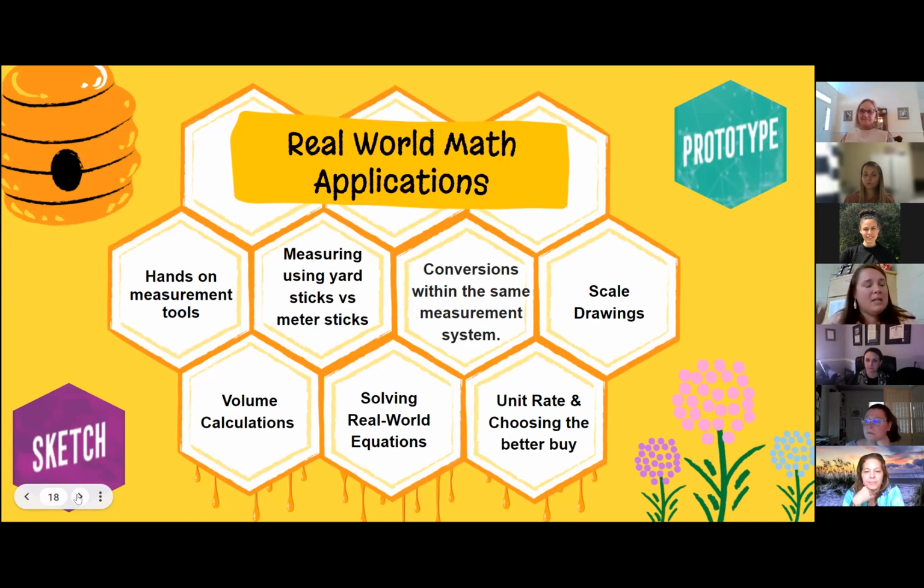The biggest part probably came with the scale drawings. We took them out there, they measured. Then the next class period, we came back in and said, okay, can you put those huge measurements, I think it was like 17 feet by 18 feet, on this piece of graph paper we're about to give you?